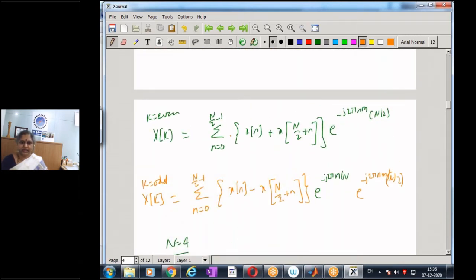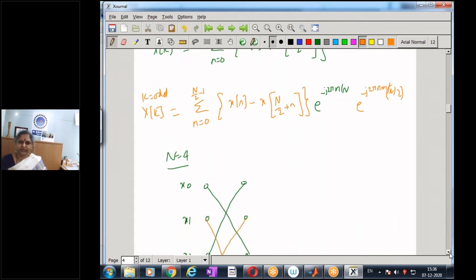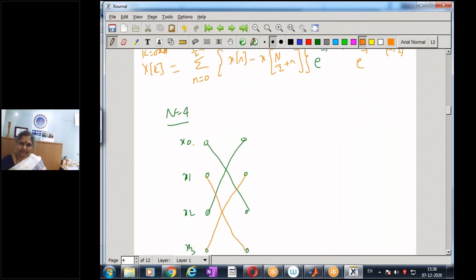Here k equal to 0, and x(n) plus x(n plus N/2). Put n equal to 0, and what I get is x0 plus x2. I need to add them, and that is the result I get. There is no branch gain; it comes as such. And here it is x0 minus x2. I get the output.